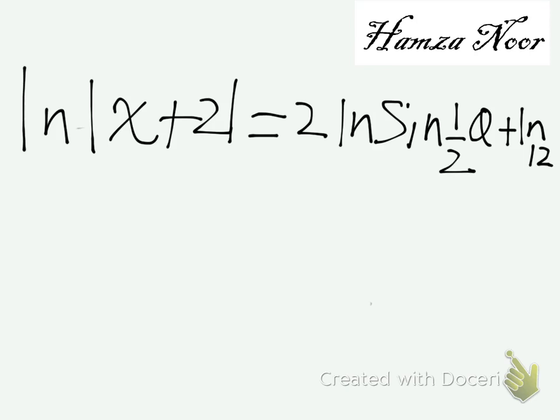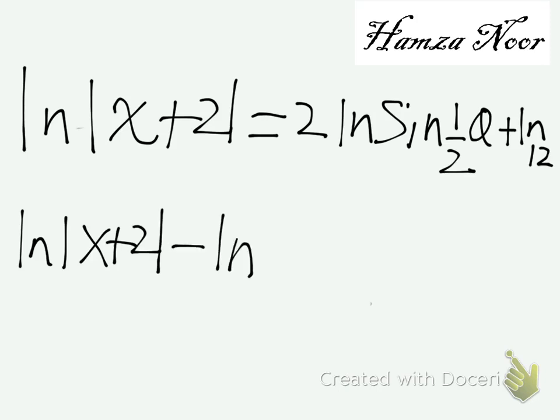So you will obtain ln(x + 2) minus ln sine squared (1/2 theta). Why? Because 2 ln sine half theta can also be written as ln of sine half theta, the whole thing squared.